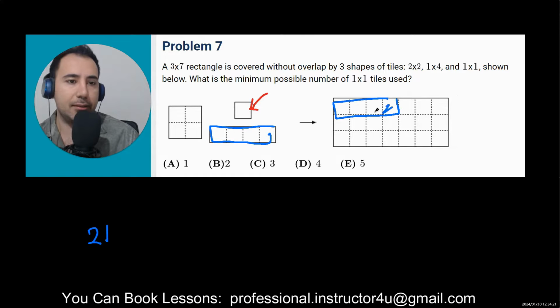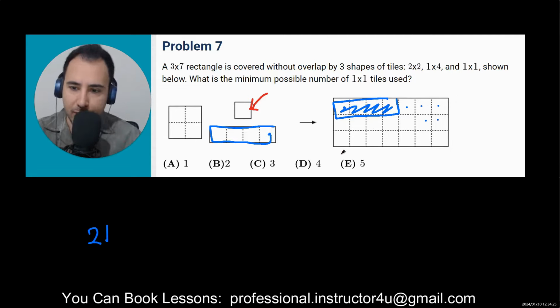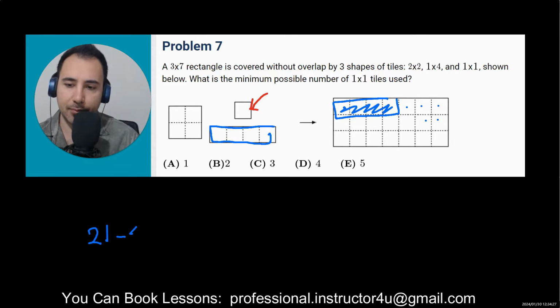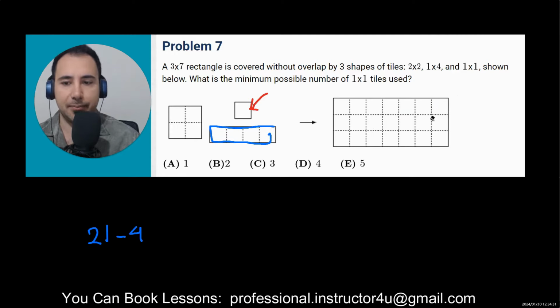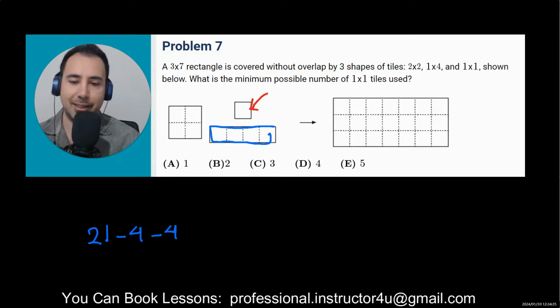Now how many free squares do I have? 21 minus 4 is 17, right? And then I minus another 4, 13. Minus another 4, 9. Minus another 4, 5.